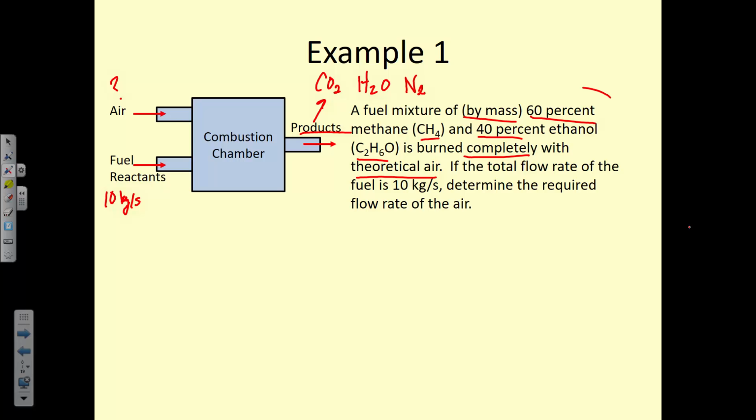So we'll first need to convert this 60% by mass to a percent by volume. And in order to do that, we need to determine the molar numbers for each of these and the molar fractions. But we have to start looking up some things in tables A1 and A27 because they're not all in one table, which is a little bit frustrating actually.